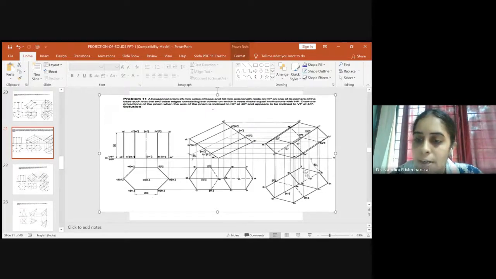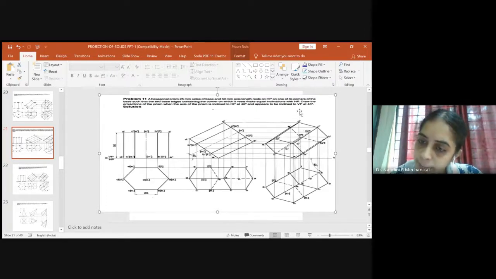B1 is here, right? And the locus of B1 dash is here. So just extend until where B1 dash is. Don't extend the line fully above, it's not needed. Just take the projection of B1 and map it with B1 dash. Name it accordingly B1 dash.